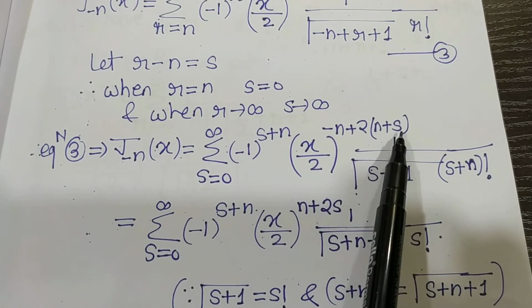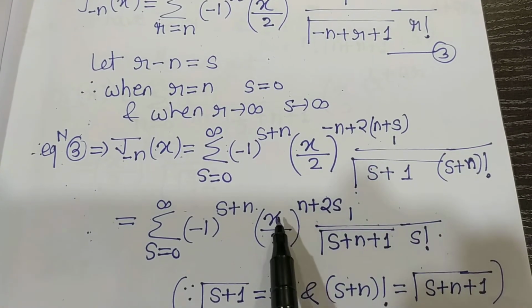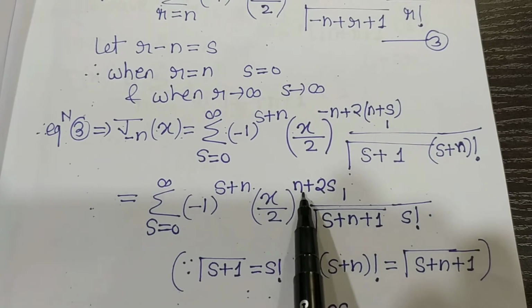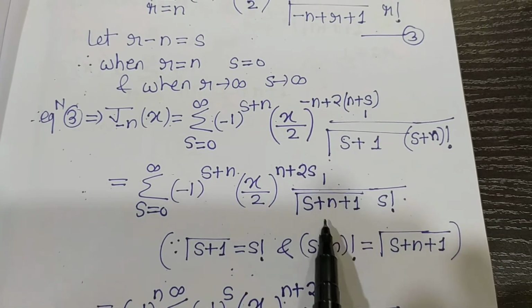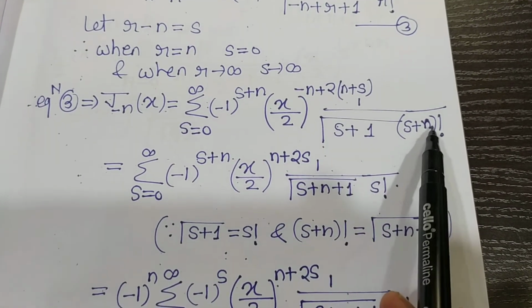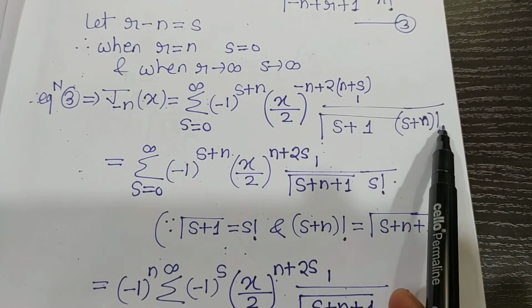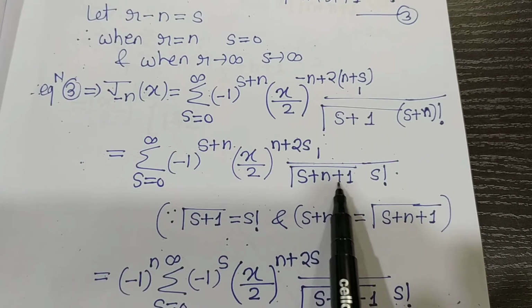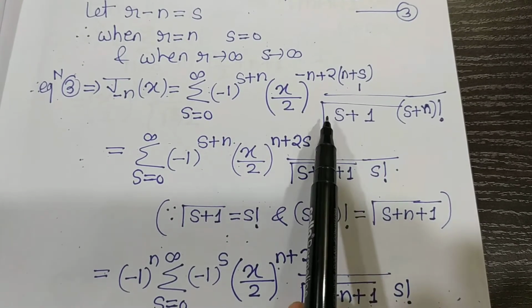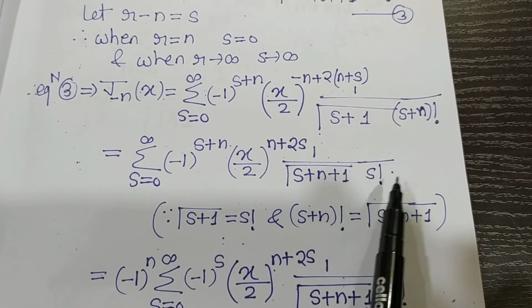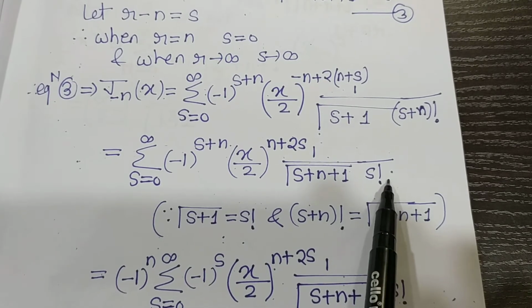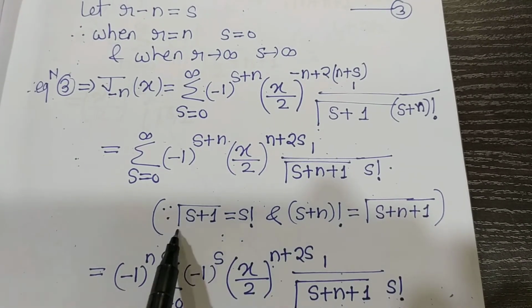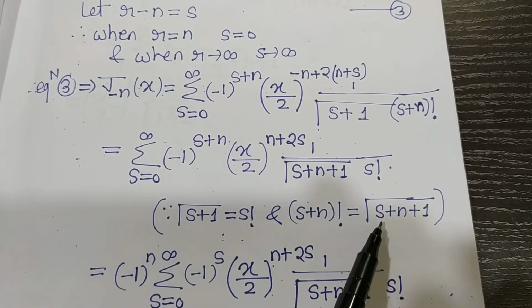So let us simplify this. After simplification we get the power of x by 2 as n plus 2s, whereas (s plus n) factorial can be written as gamma of s plus n plus 1, and gamma of s plus 1 can be written as s factorial because of the properties of the gamma function.